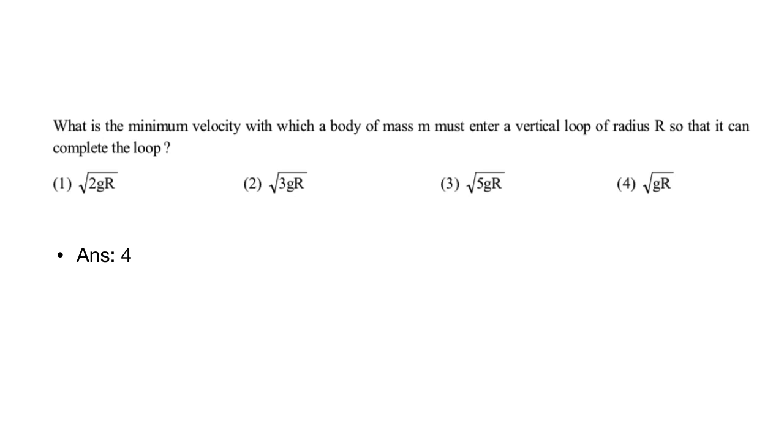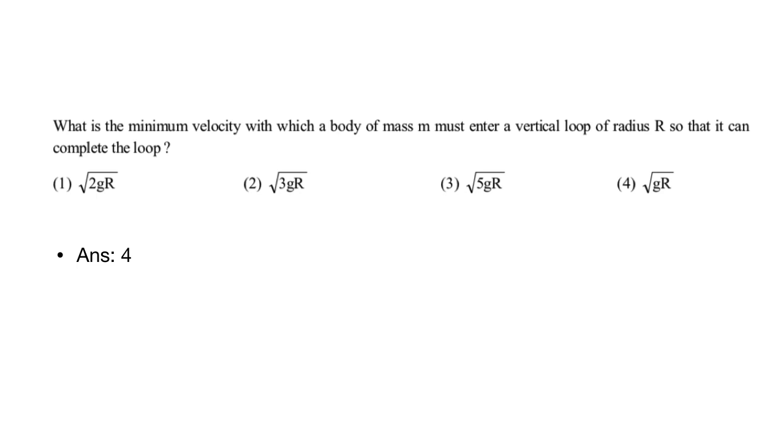Now many students were confused by option number 3, under root of 5gr, and in most coaching classes, even in schools, it is taught that under root 5gr is the minimum velocity at the lowest point so that the body can complete the loop.